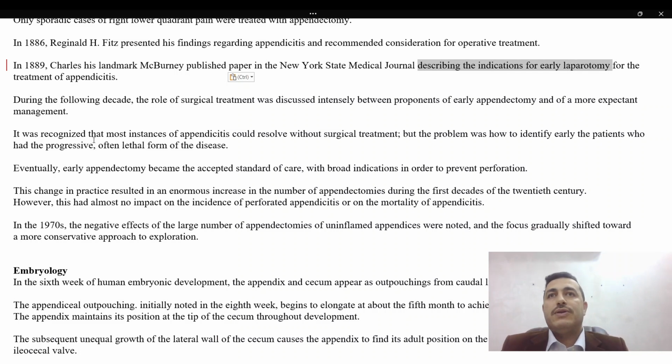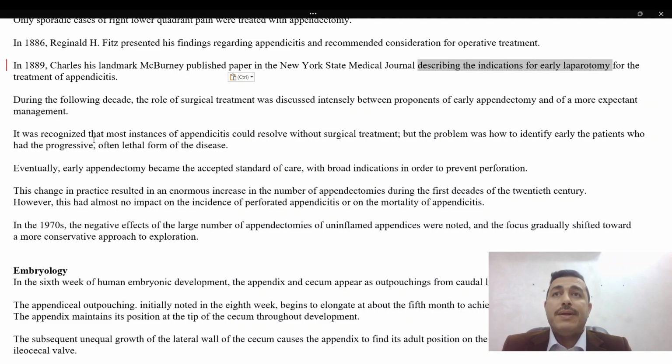The question at that time was, should we do an appendectomy for every patient with appendicitis? The problem was with those patients who presented with perforation, and we cannot expect who will present with a perforated appendicitis as a consequence of their appendicitis or who will respond normally.